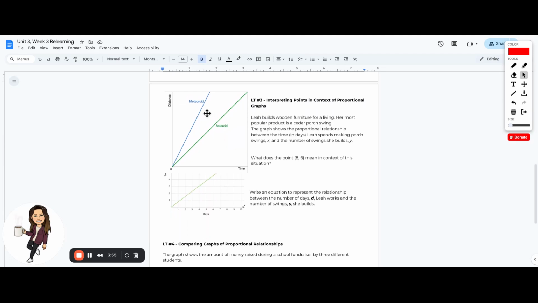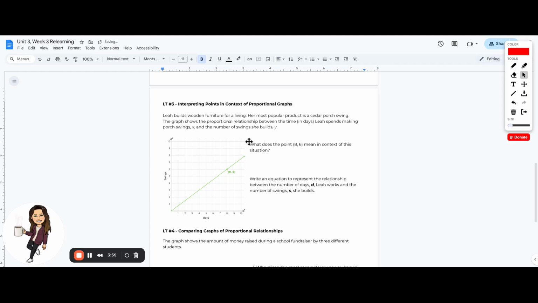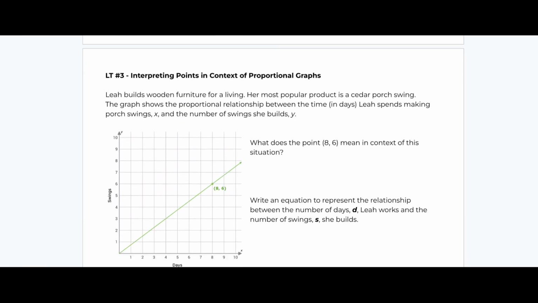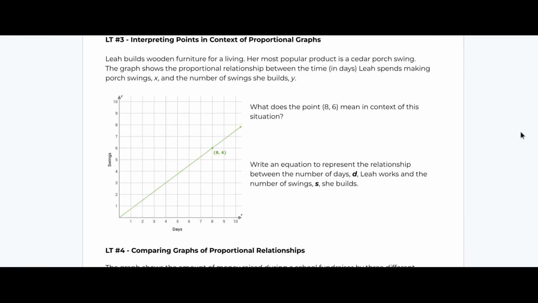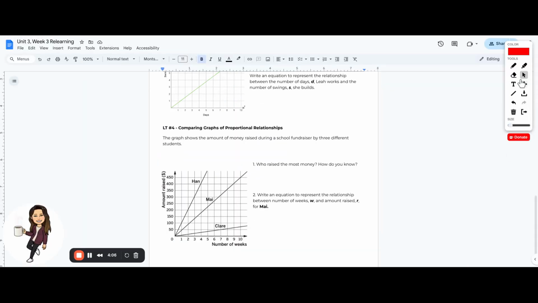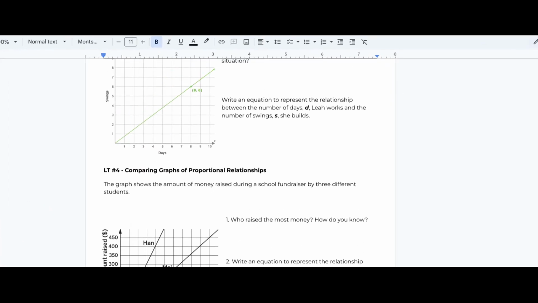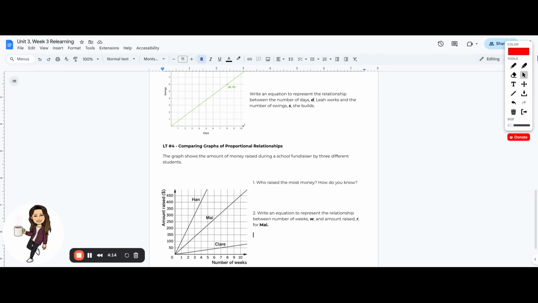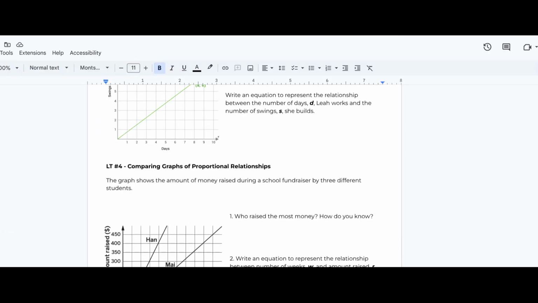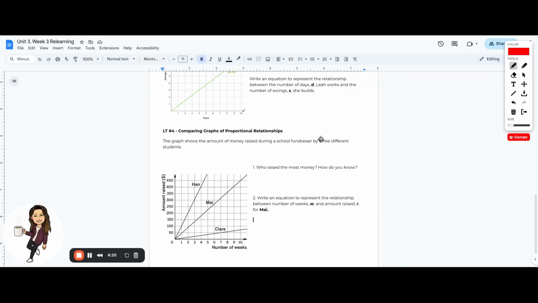I did not know that was there. It shouldn't be there. Interpreting points on a graph, okay? So this says that Leah makes wooden furniture for a living. Sorry, I keep having to do that. Let's see. Come on.